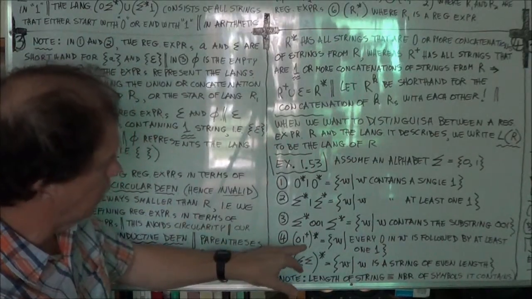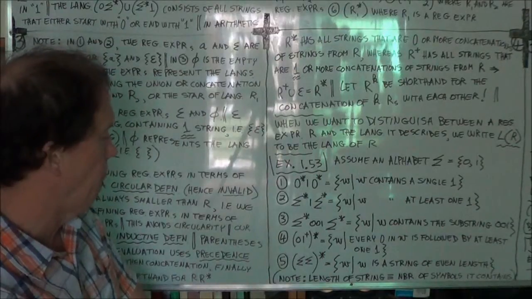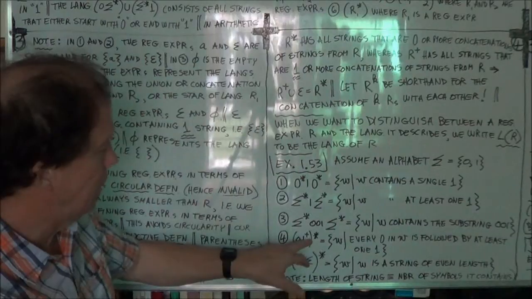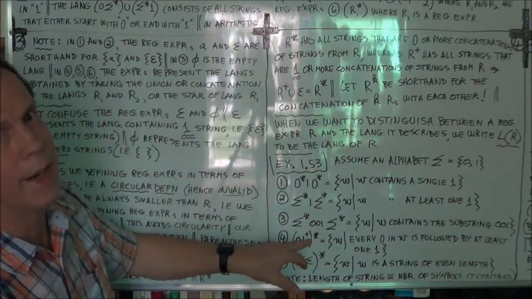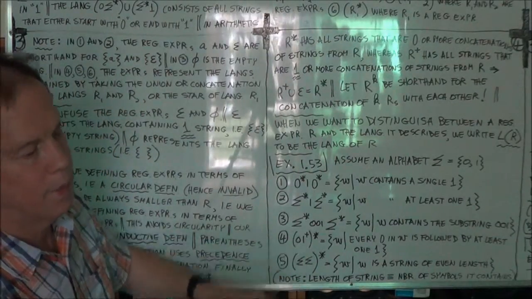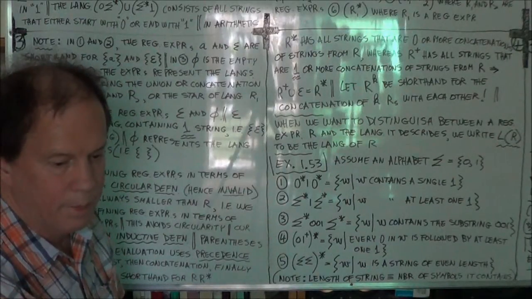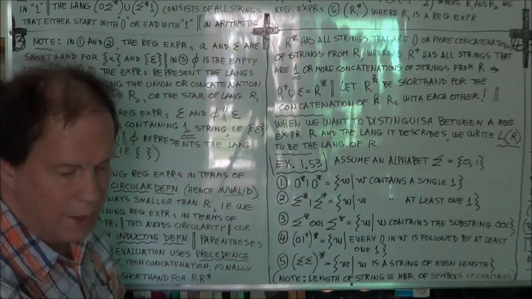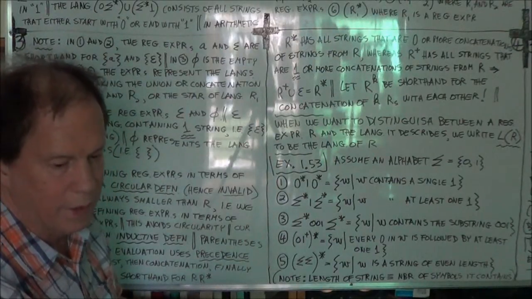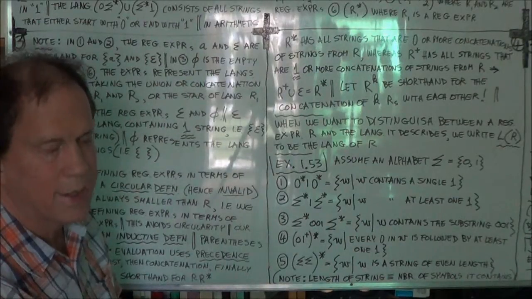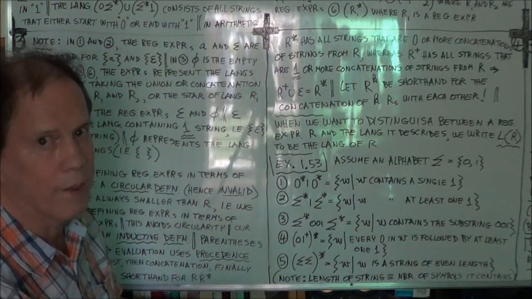Just concentrate on the 0, 1 plus. What does that mean? Now plus is almost like star, except that plus is a set of concatenated strings, but with the plus you cannot have the empty string.